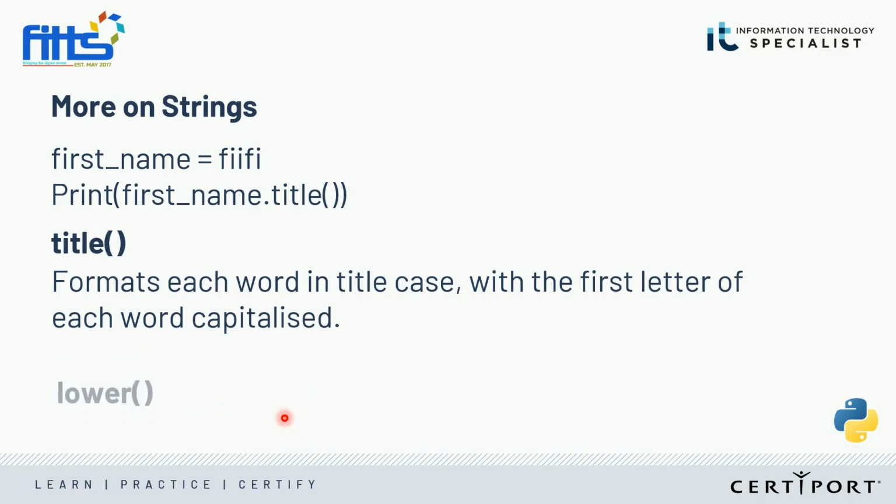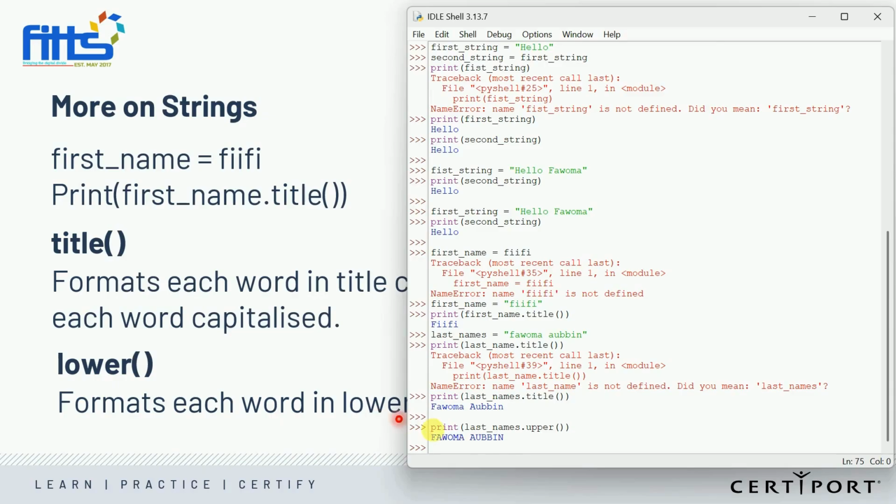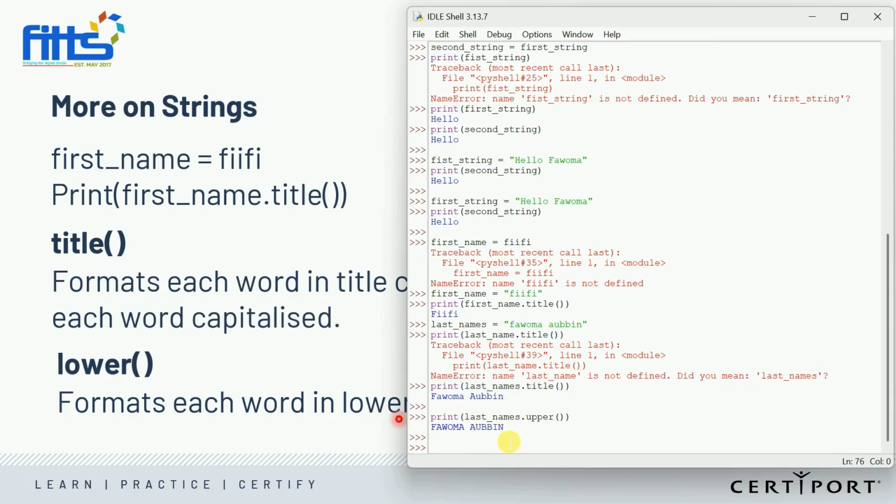Well done. Then we have lower. It formats everything into lowercase. So I'll define a new variable. The lower method is equal to Fifi Fawoma Oven.